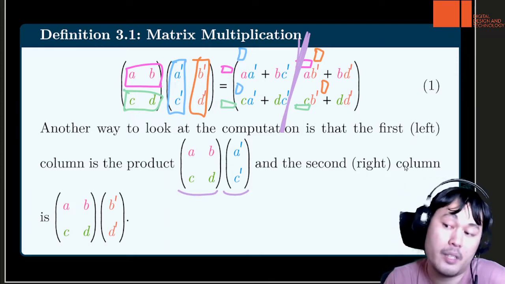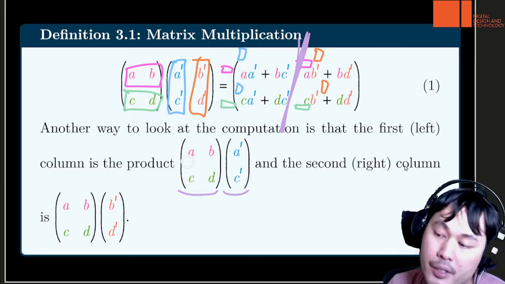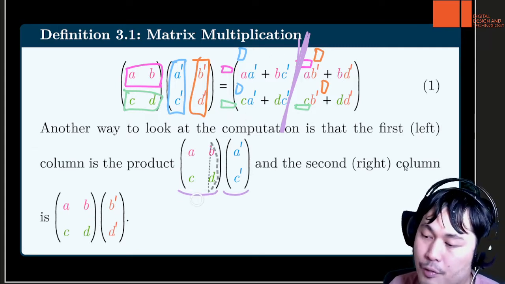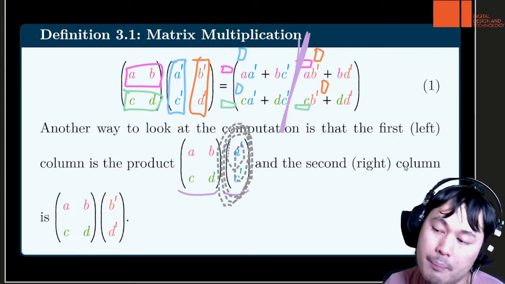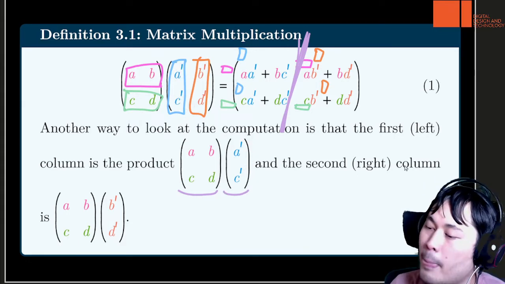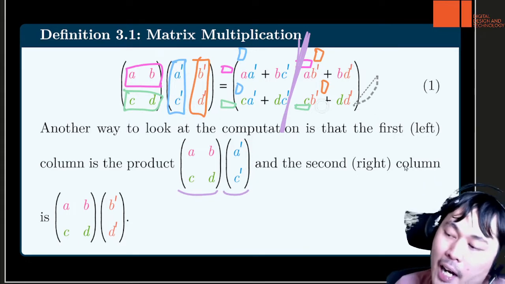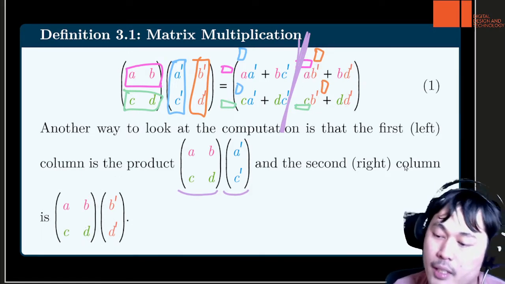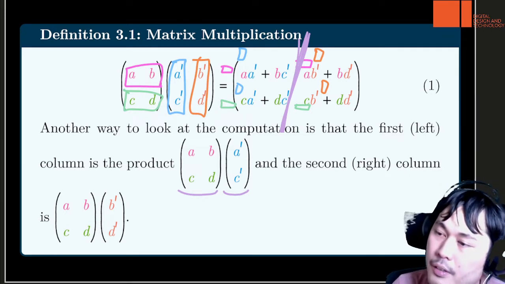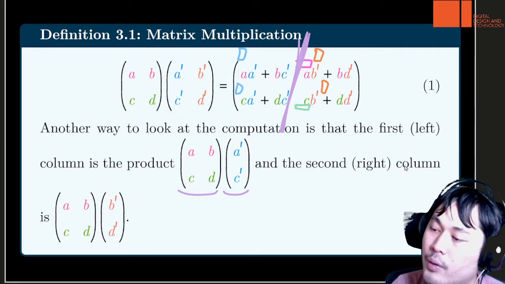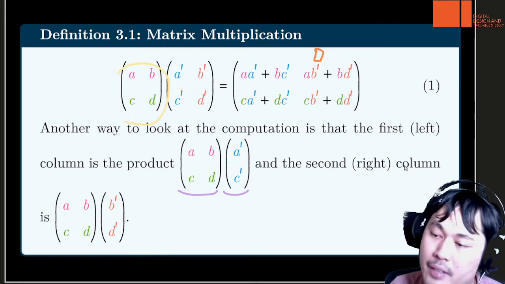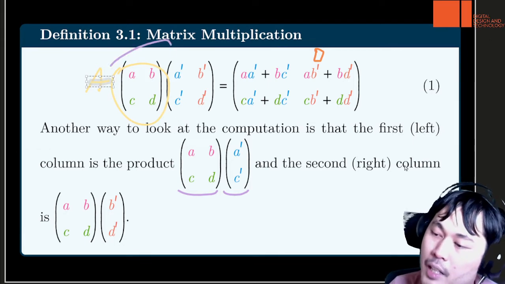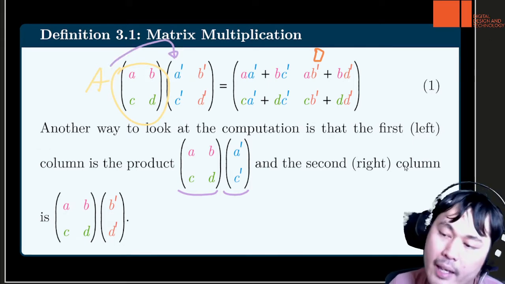So we split the pie into two matrix-vector multiplications. Then the left part of the result is the first matrix and the first column of the second matrix. And the right half of the result is still the first matrix, but multiplied by the second column. So in a sense, we think of it as just a single matrix. Let's call it A. We multiply A by the first vector, and then we multiply A by the second vector.